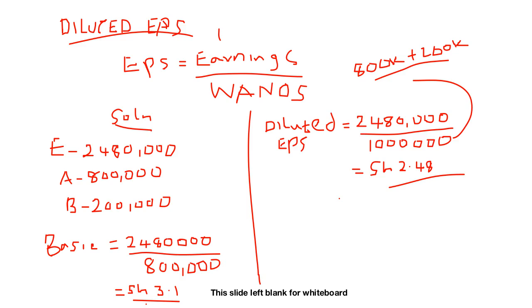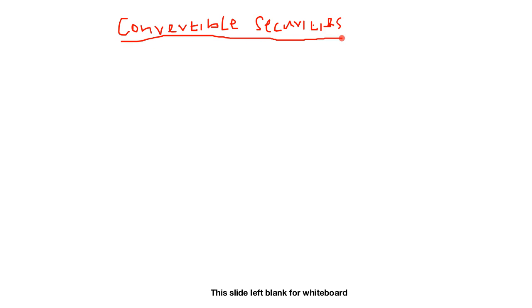We are still in diluted earnings per share, but I want us to look at the concept of convertible securities. In our case, we will just look at the preference shares that may be converted to ordinary shares.